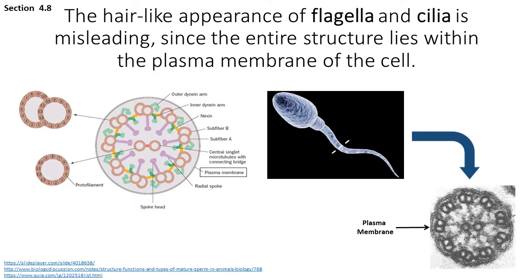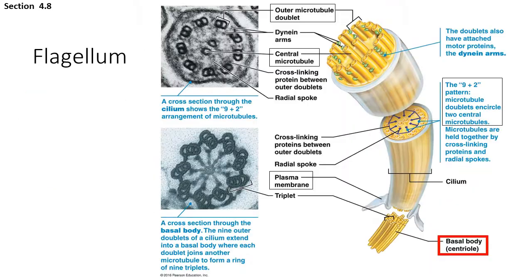So remember, you've got that 9+2 arrangement, and each microtubule is made of 13 protofilaments, and the doublets on the outside share a wall. Compared against this structure, they're identical.